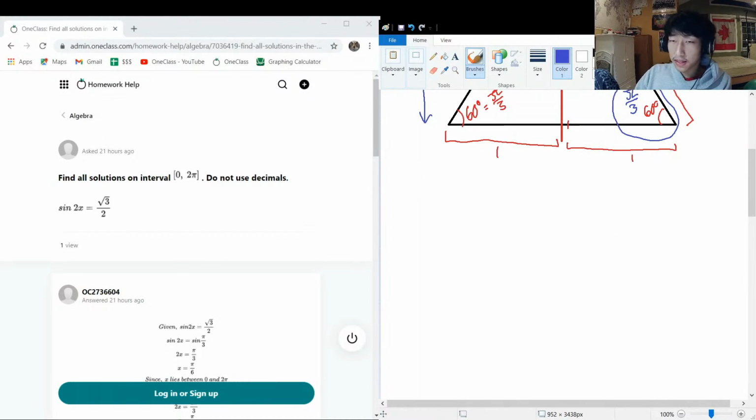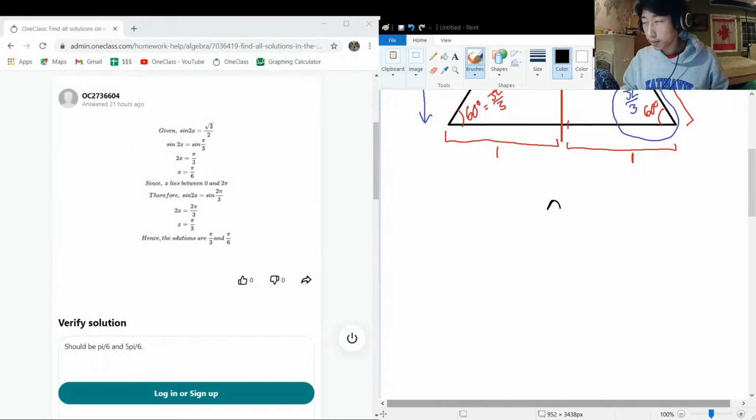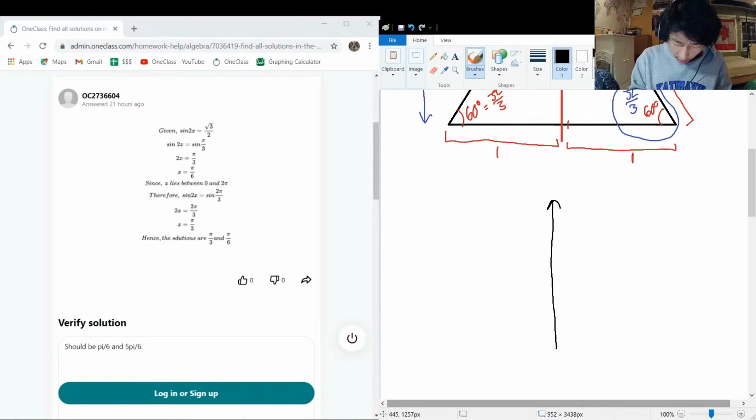Let's draw out some Cartesian grid like this. Here will be our y-axis, and here will be our x-axis.